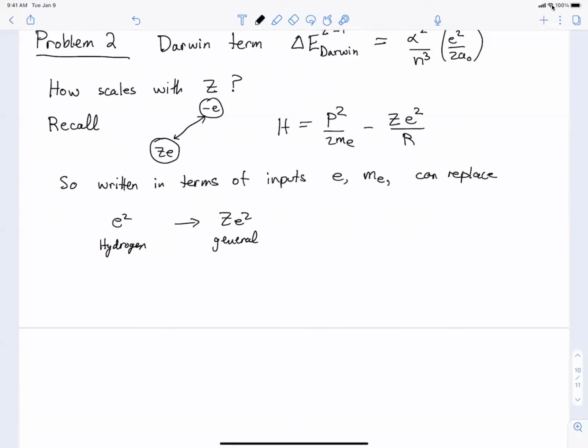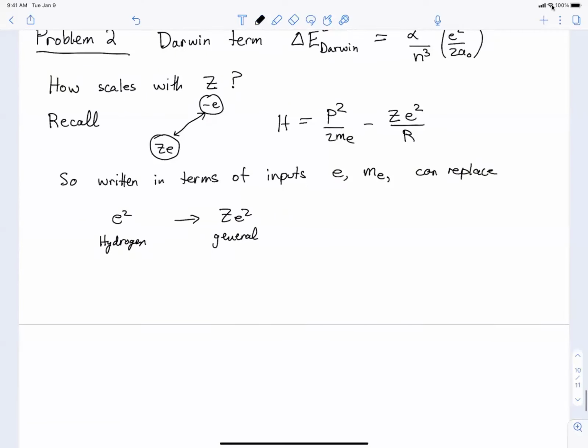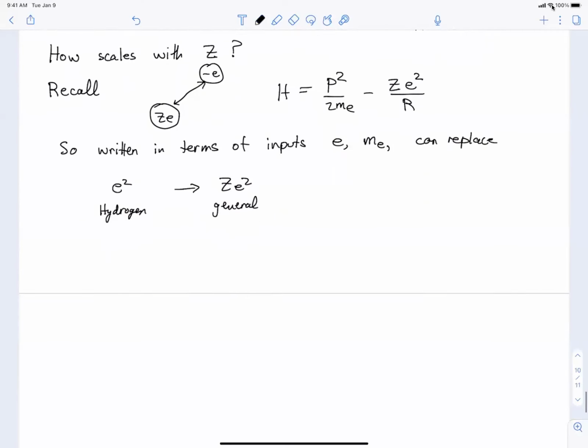And you don't do anything to the mass of the electron because the mass of the electron is what it is. So really the moral of the story is that any quantity that you derive from this general setup, you get from this replacement. You always take e squared and replace it by Ze squared.